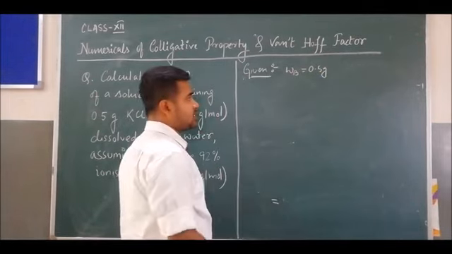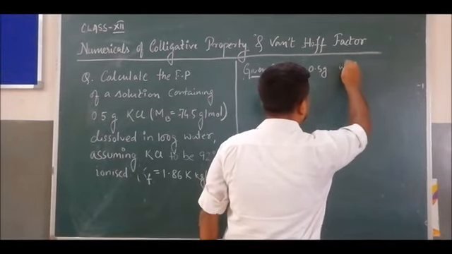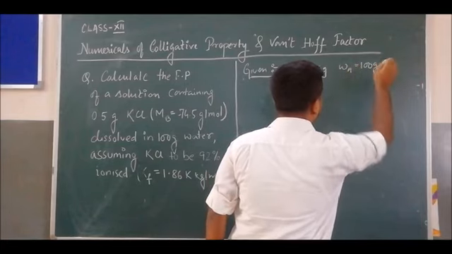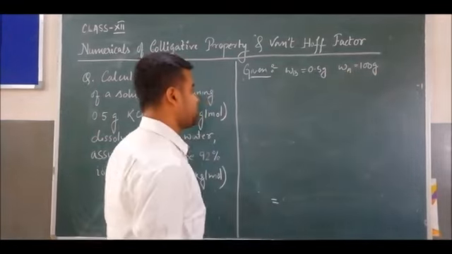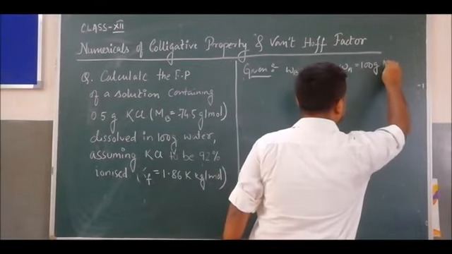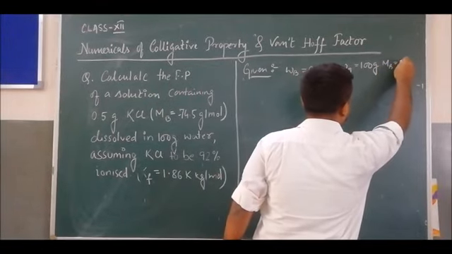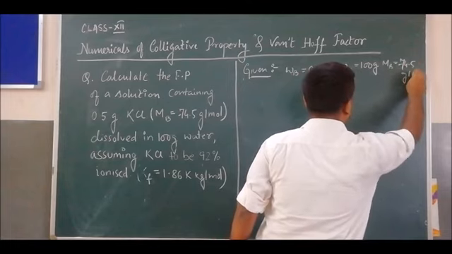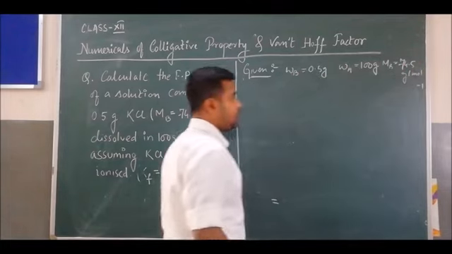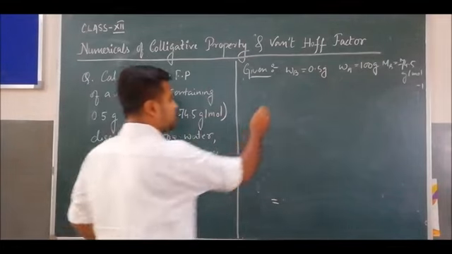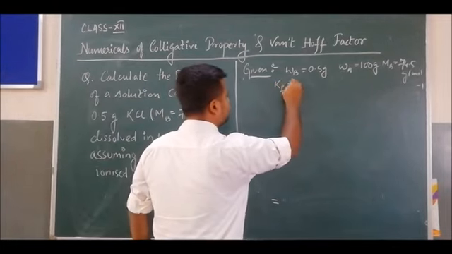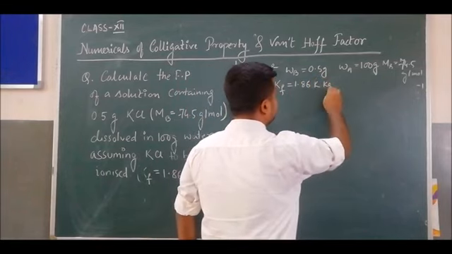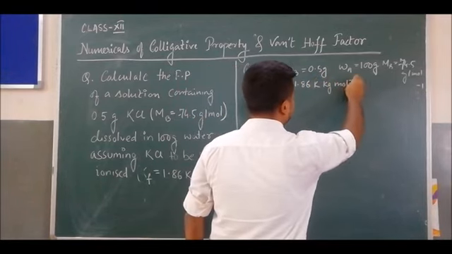WA, the mass of water, is 100 gram. The molar mass of KCl, MB, equals 74.5 gram per mole, and Kf equals 1.86 Kelvin kg mole inverse.